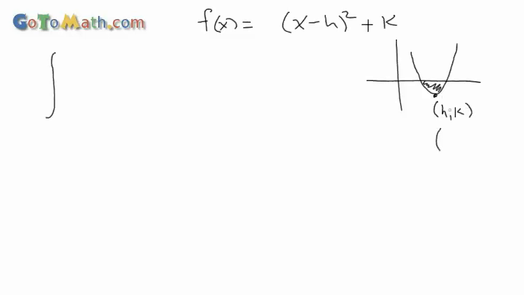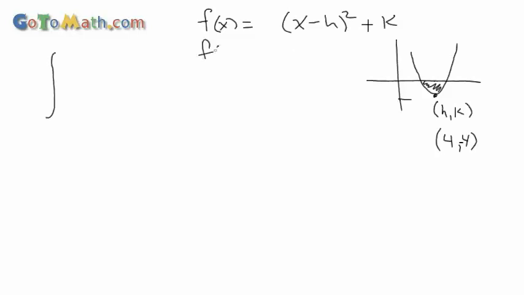H and k is the vertex. And so therefore, if h is the x value, we counted over 4 units, and then we counted down 4 units. So there's your h and k. Now, we counted down, so 4 is actually negative here. That's the reason we put a positive here, because k is negative, so that'll make that negative.